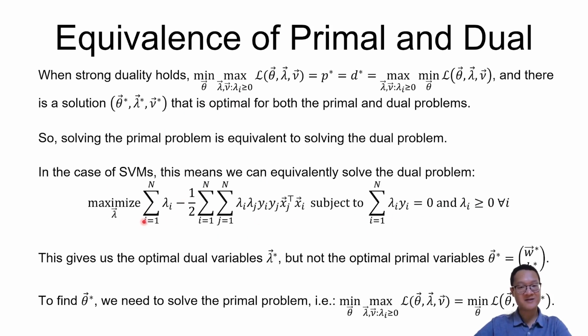Solving this problem will give us the optimal lambdas, so lambda star, and then it doesn't really give us directly the optimal primal variables theta star, but we can always derive that afterwards. So to find theta star, which is W star and B star, we can solve the primal problem. And actually we already did that last time by solving the inner optimization problem over here.